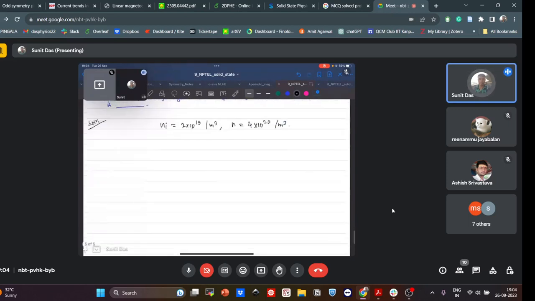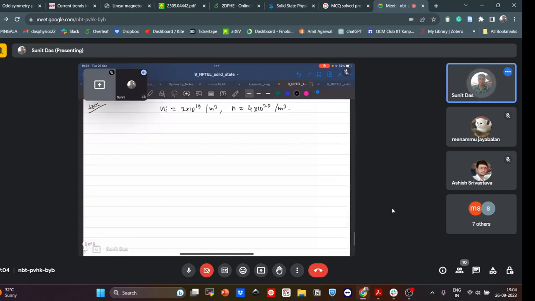Donor impurities mean the number of electrons will be greater after the doping. So the majority carriers will be electrons, and obviously the minority carriers will be holes.